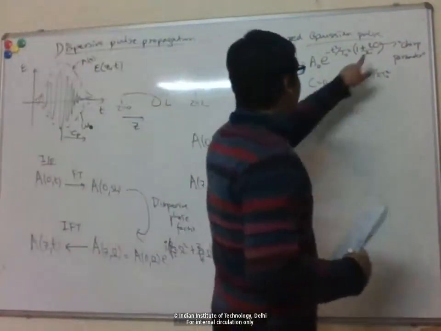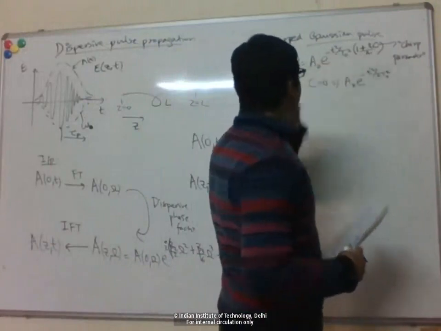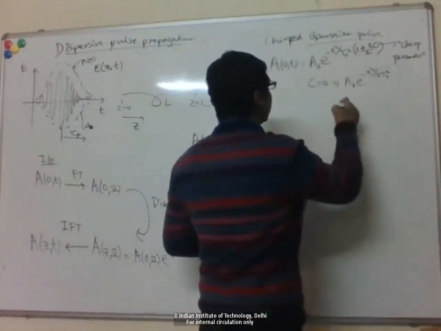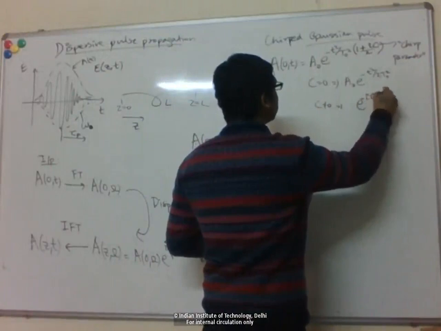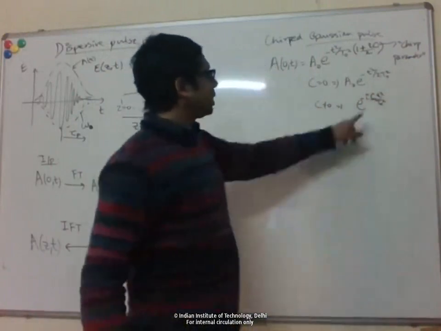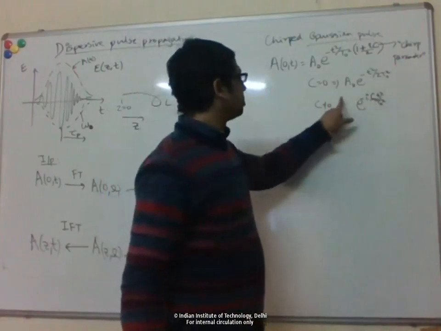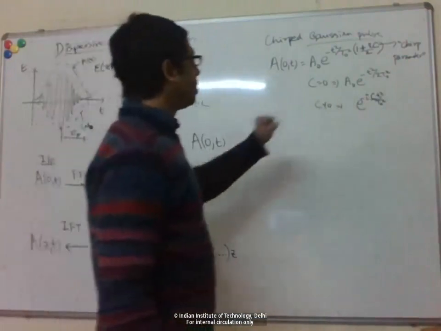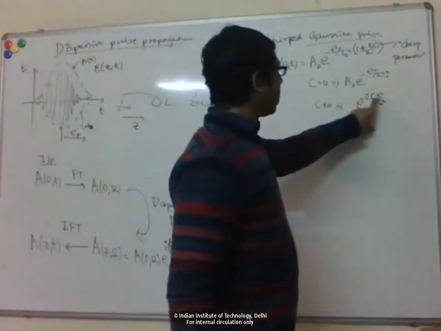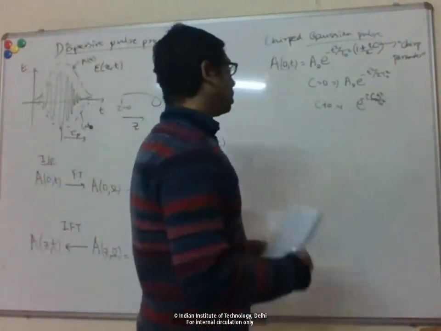But if the C is non-zero, then you can see that this is like a phase on top of this pulse. So that phase factor goes as e to the C T square, so it's a quadratic phase in time. If there is a non-zero chirp, that means there is a quadratic phase.